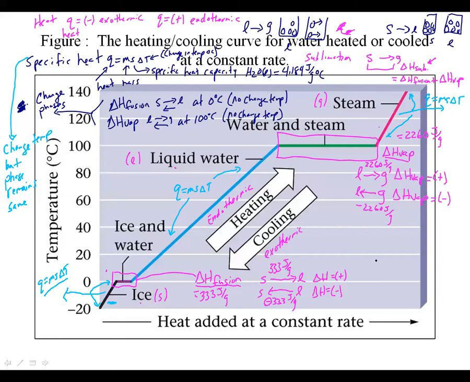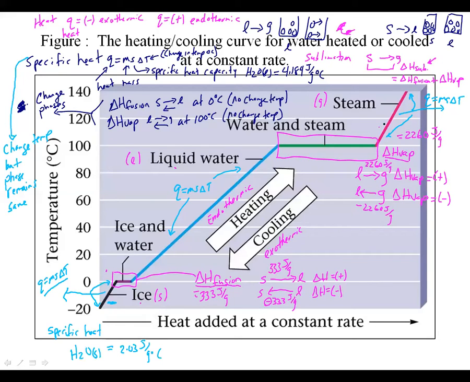So the specific heat capacity for water that is solid is actually not the 4.184 number that we're very much used to. It is something like 2.03 joules per gram per degree Celsius.